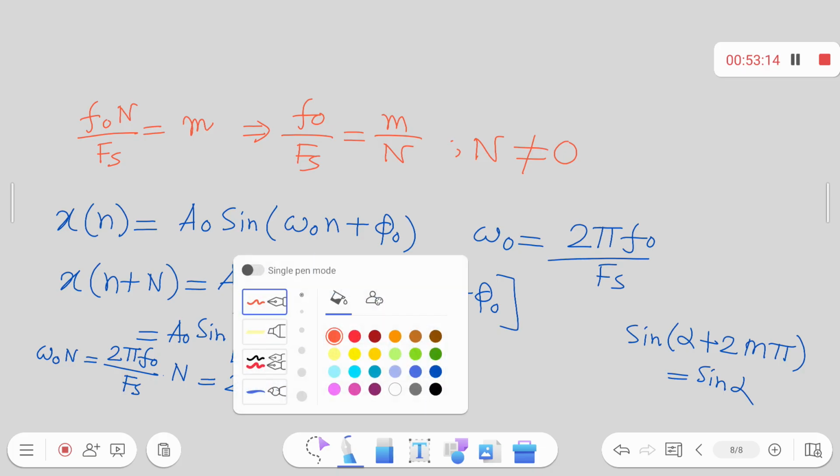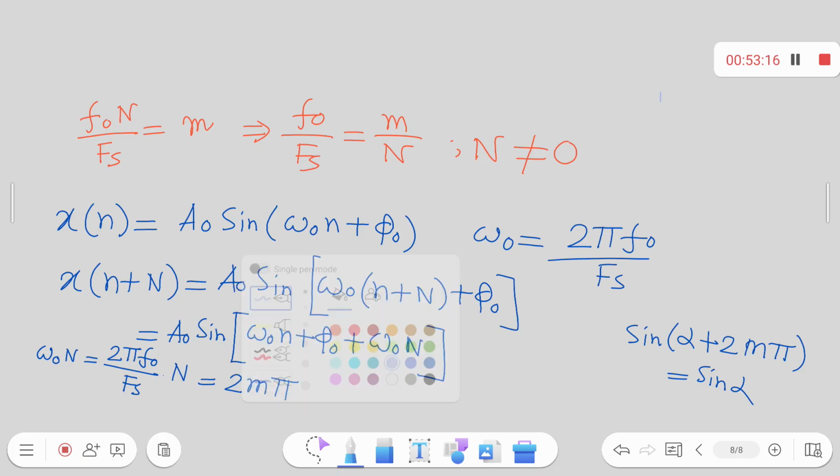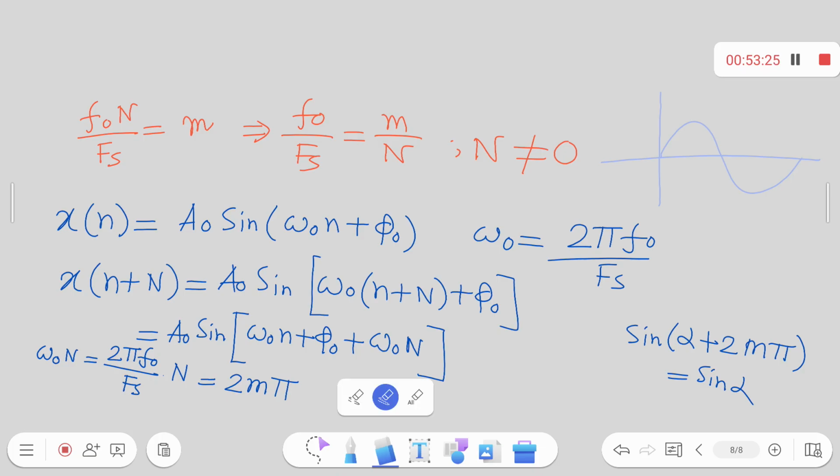So you have got this signal, or let's draw one more cycle, that will be easier to understand. Let me go to the next. So this is t, this is x of t.